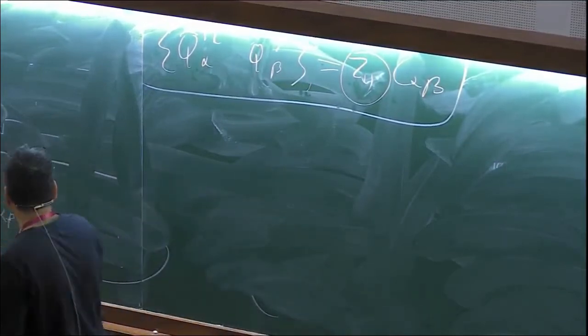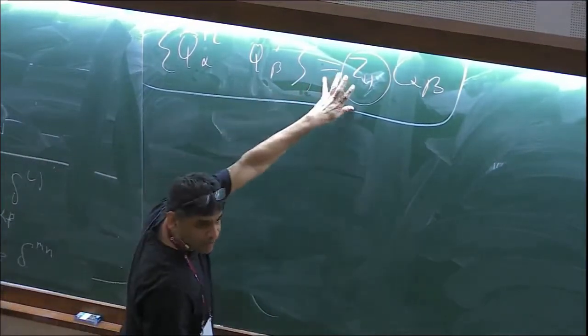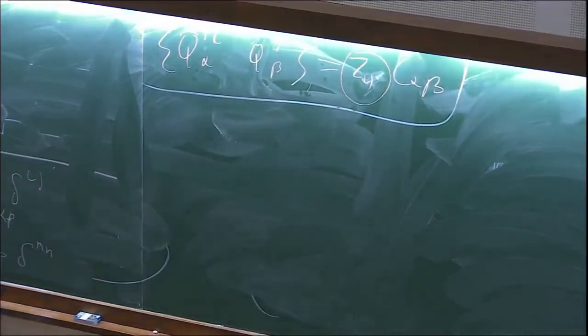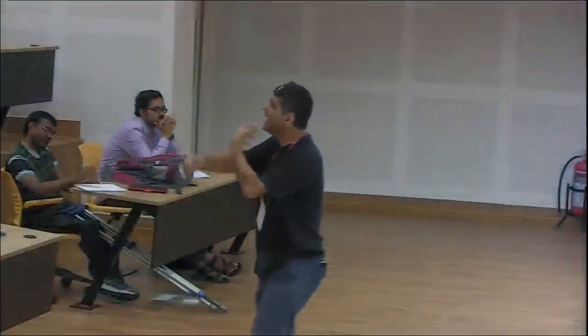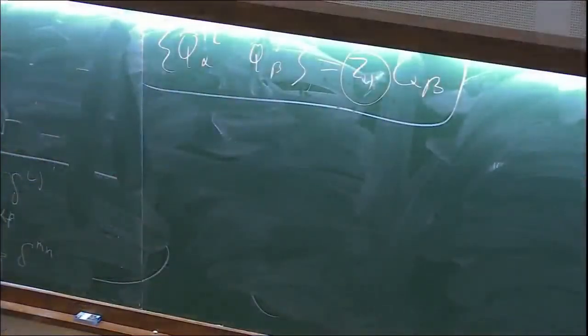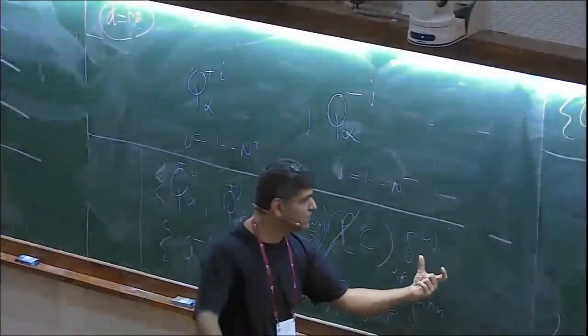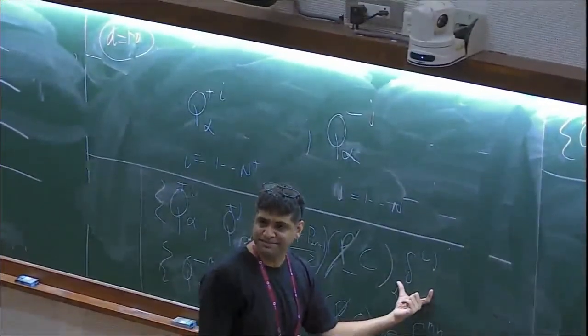Very quickly, if Zij was 0, then you see that this algebra has what people sometimes call an automorphism. That is, there is a symmetry transformation you can do on the Qs, such that under the transformation the algebra does not change. What is the symmetry transformation? Remember that the Qs are real chiral spinors. So the symmetry transformation you can do here is that of real linear combinations of Qs that leave the delta Ij invariant.